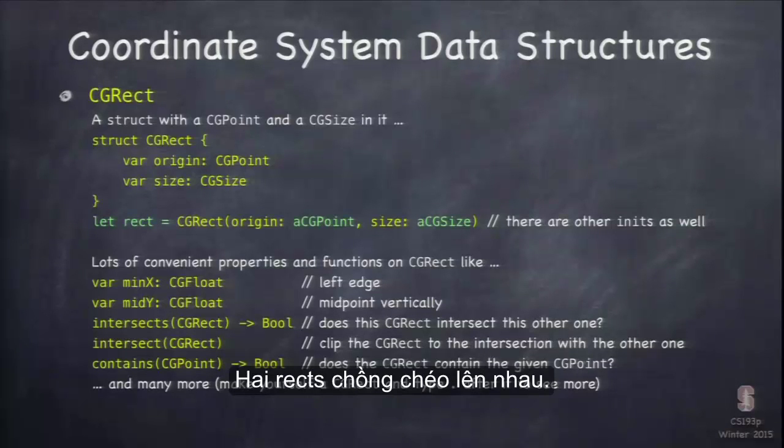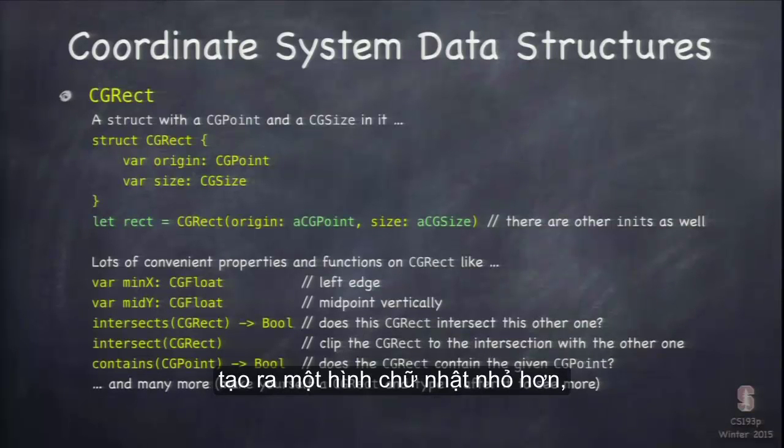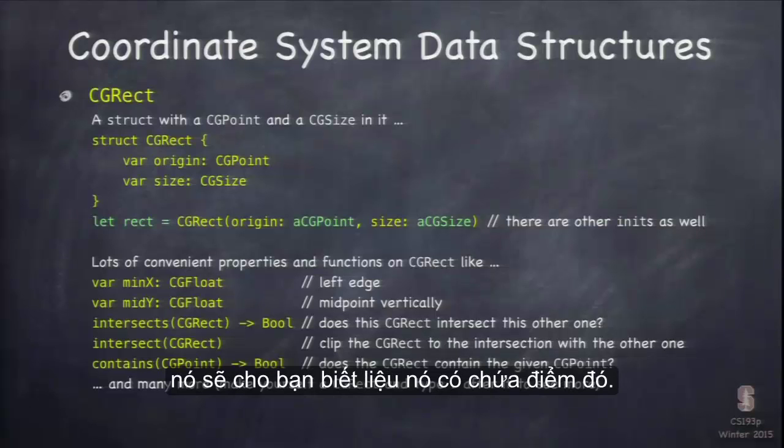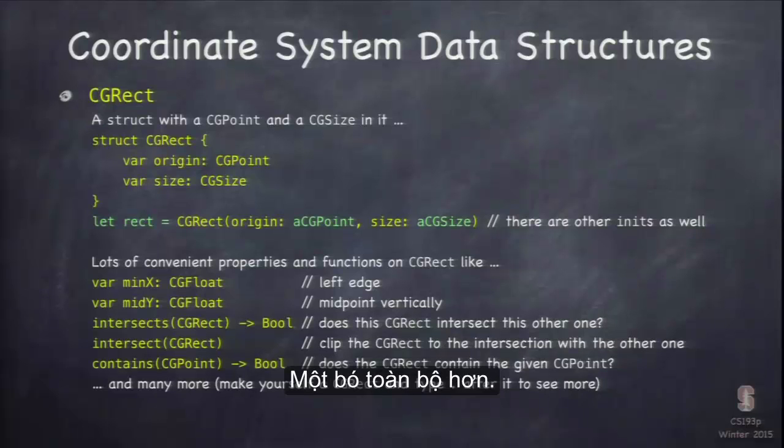The two rects overlap. Or intersection, which says take this other rect and create a smaller rectangle, which is the intersection of those two rects. Or contains point, okay? Where you pass it a point, and it'll tell you whether it contains that point. So rect, it's a struct, but it has a lot of cool methods in there. There's a whole bunch more.